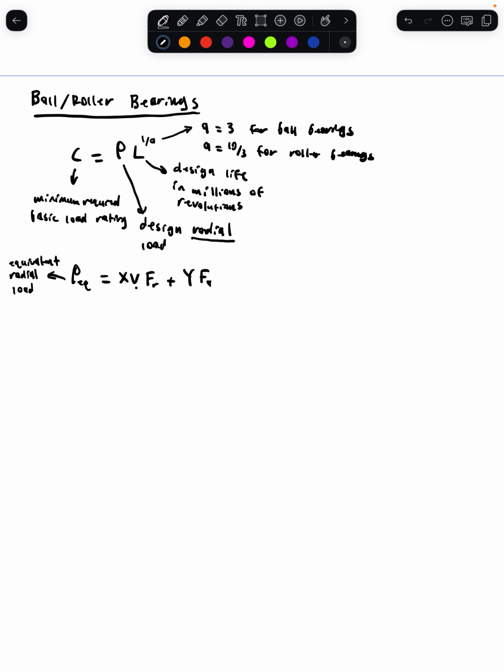And then I'm gonna say what these forces are first, because those are easy. This is the radial load, or maybe we should call that the nominal radial load. So this is the radial load the bearing is actually carrying. Then the axial load, another word for that is the thrust.